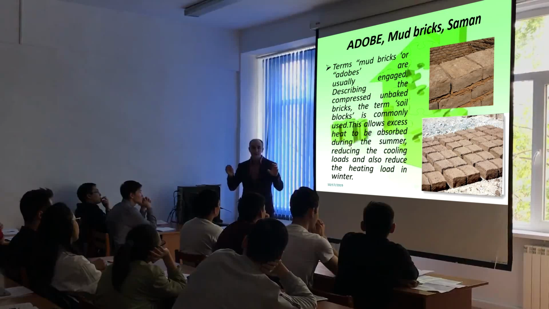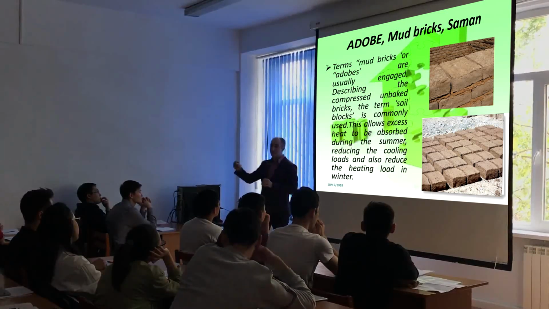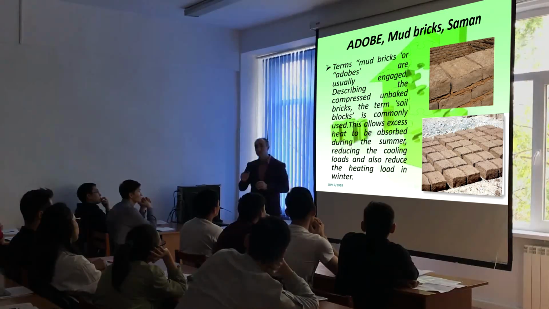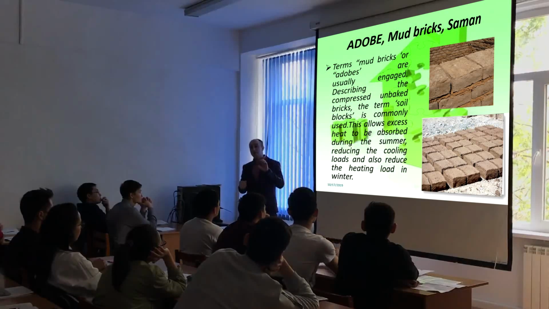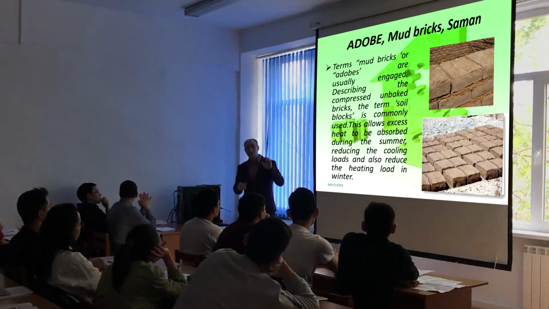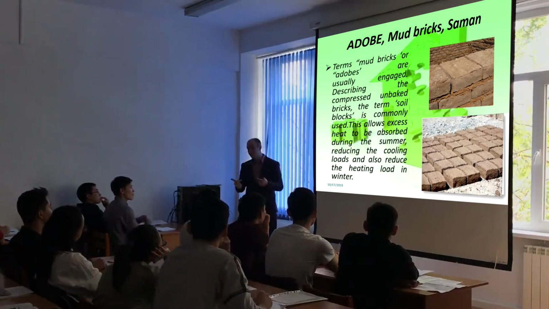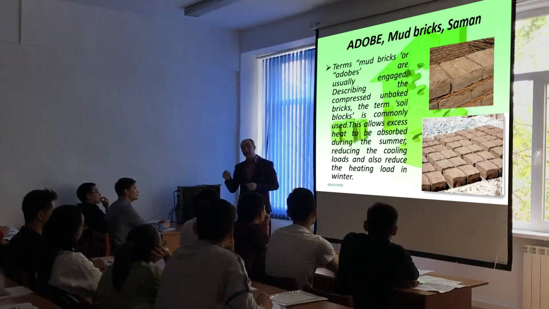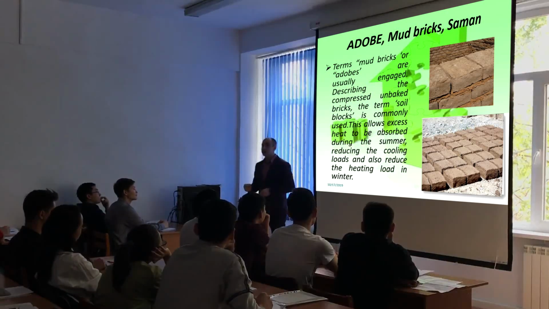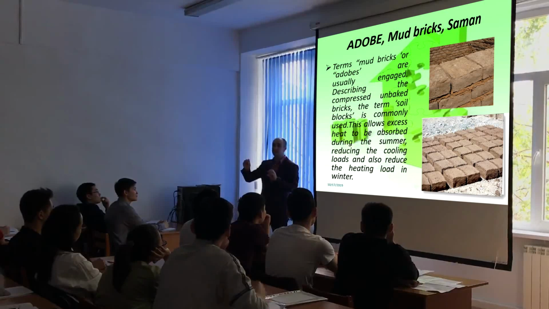Many buildings are still constructed from samana nowadays. And we can use it because it's a natural material. Natural material like soil blocks can be commonly used during construction, like non-bearing construction, because it reduces the heating in the winter and creates a good climate inside the building during summer.